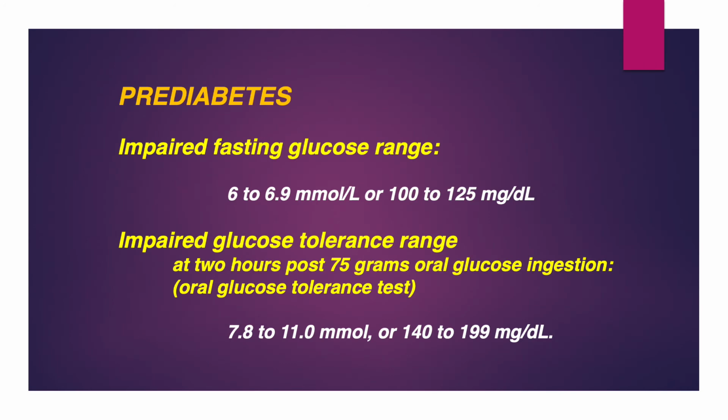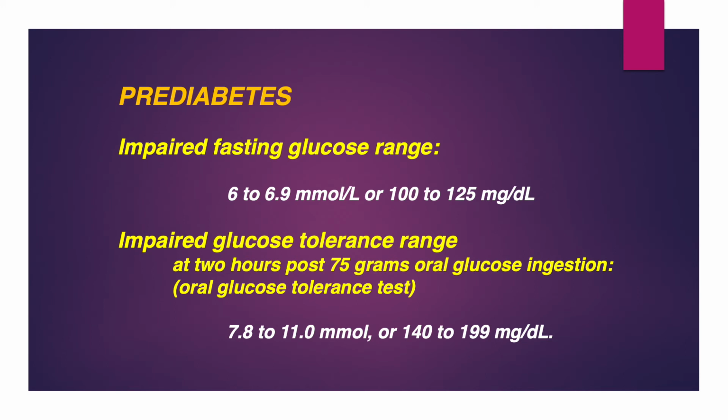Meanwhile, fasting glucose ranging from 6 to 6.9 millimoles per liter or 100 to 125 milligrams per deciliter is considered impaired.